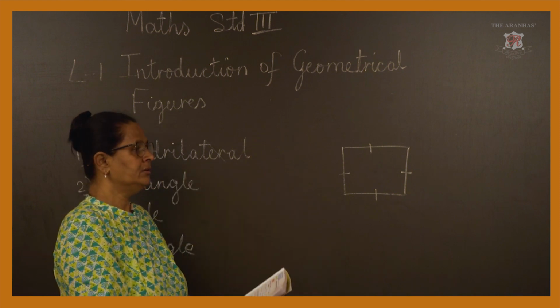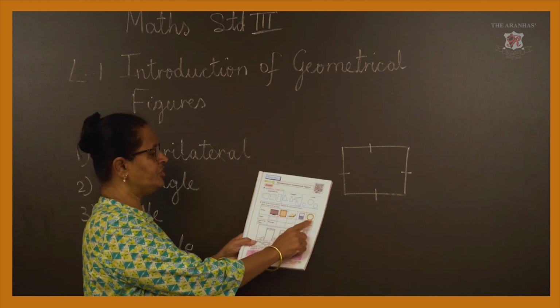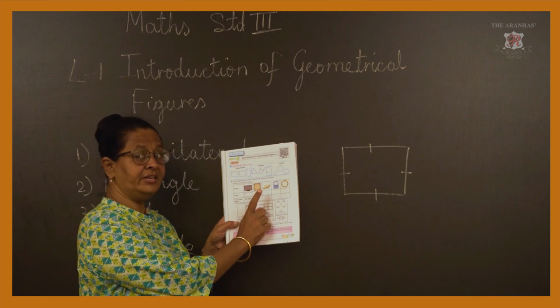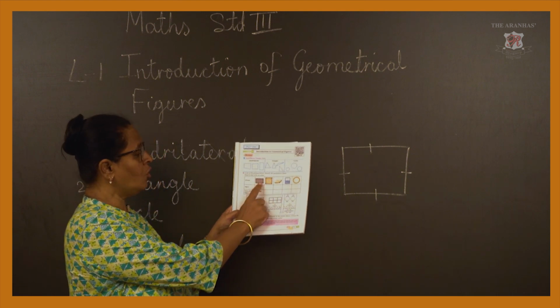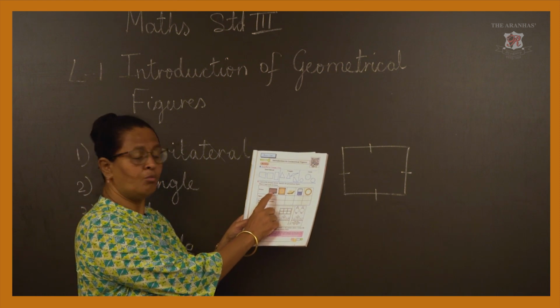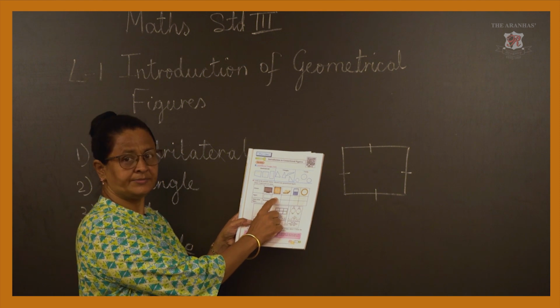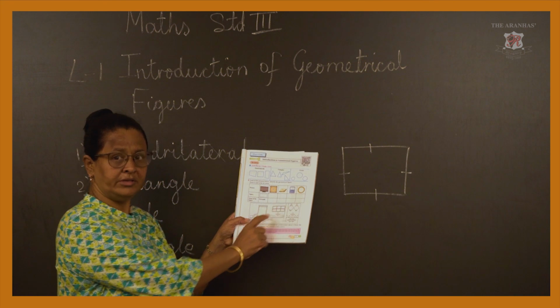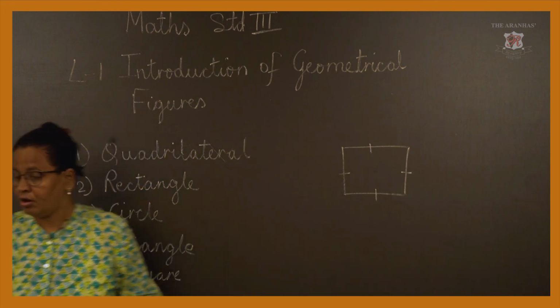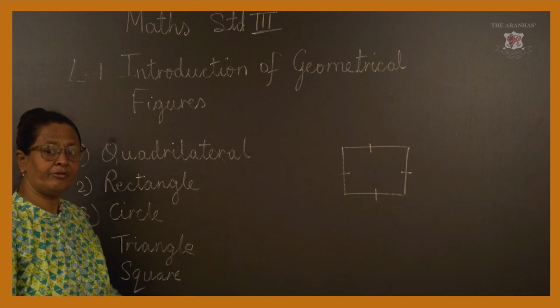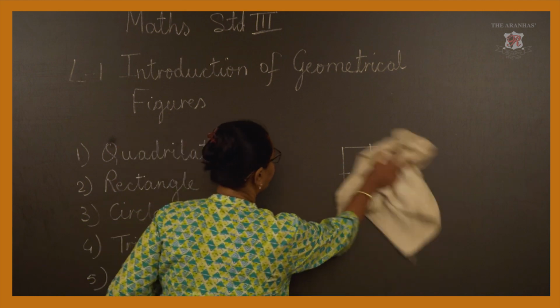Look at the pictures given here. We have to sort out the figure, what figure does it represent, and write the name of the figure down here. I hope you are all ready with your writing material. If not, by the time I get my blackboard ready, please get it ready.